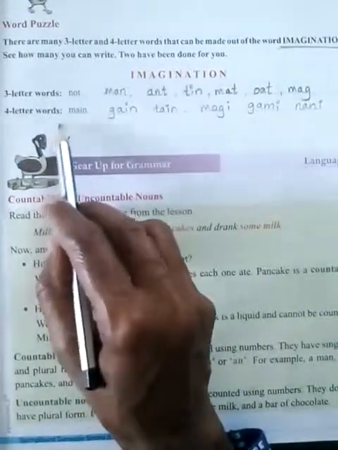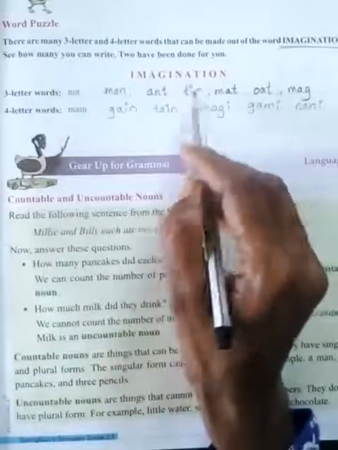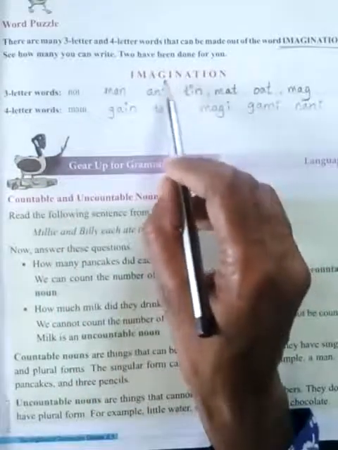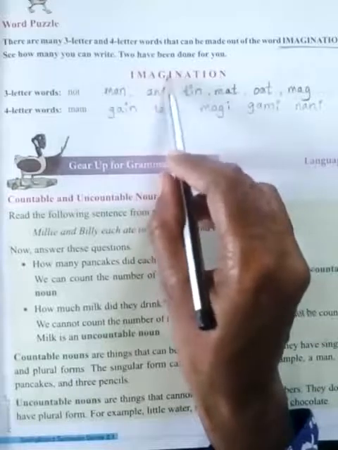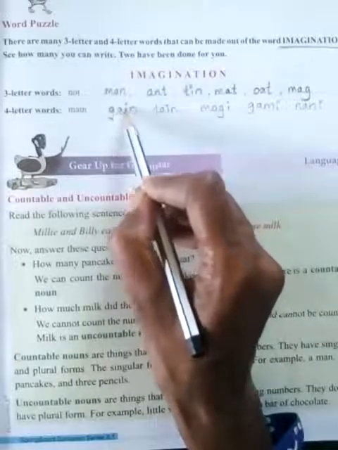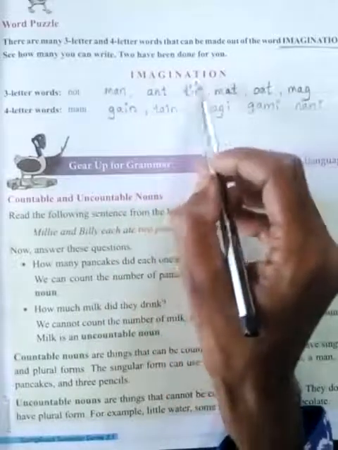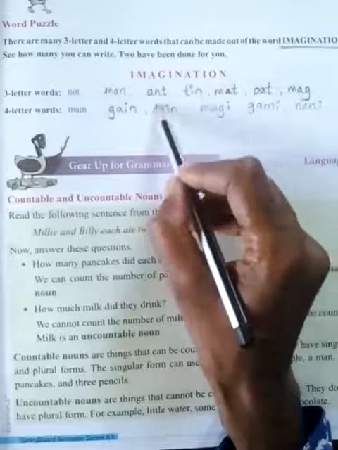4-letter words. Main. Here there are 4 letters. We have to use 4 letters here. G-A-I-N. Gain. Next, T-A-I-N.